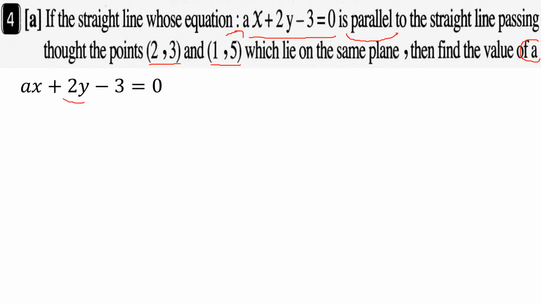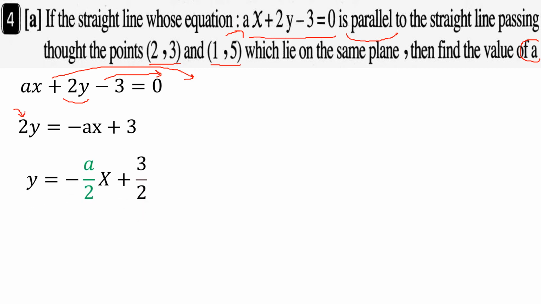I want 2y on the left and all the other parts on the other side. So we move the negative 3 as positive and move the ax as negative. So 2y equals negative ax plus 3. Now I want to divide by 2 to keep y alone. When we divide by 2, it is negative a over 2 x plus 3 over 2. This part is the slope of the first straight line. So m1 is negative a over 2.